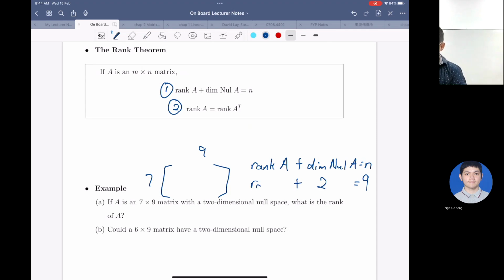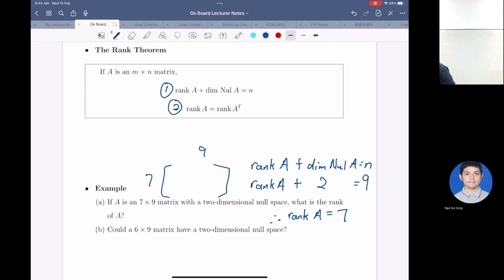So you want to find rank A. So rank A is? Louder, please. Rank A is 7. Okay. So you could imagine that there are 2 free variables after row reducing A, and then 7 pivot columns.